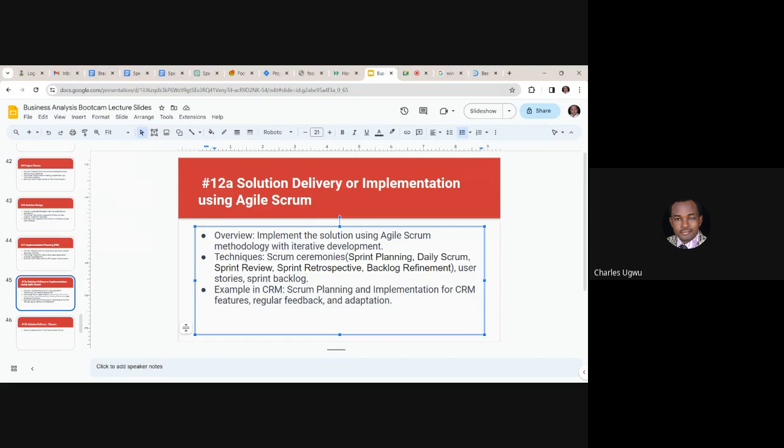This will happen for a period of time called a sprint duration. It can be a period of 2 weeks or 1 month. At the end of that duration, the team will come and demonstrate what they've done to the stakeholder. We call it sprint review.